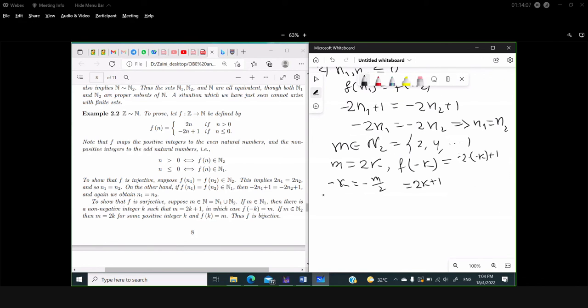Generally what they want to say is that the domain of f is equal to the range of f. So that is surjectivity. Surjective, yes. Injective already proven. Surjective is proven. So this function is bijective.